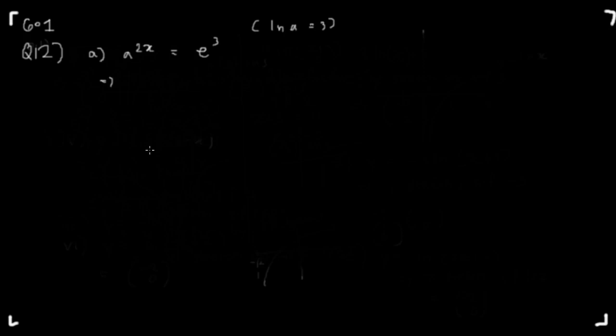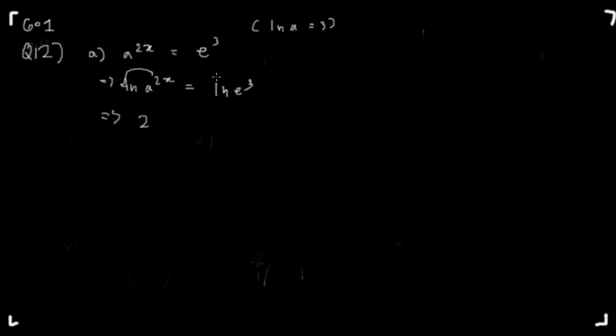So what can I do? Let's just do some manipulation with the logarithms, right? So if we find natural log of both sides, it'll be equal, right? So let's find ln of a^(2x), which is equal to ln e^3, right? So what does this equal?